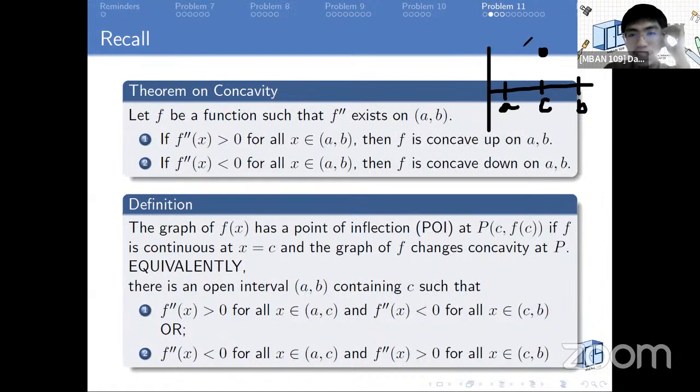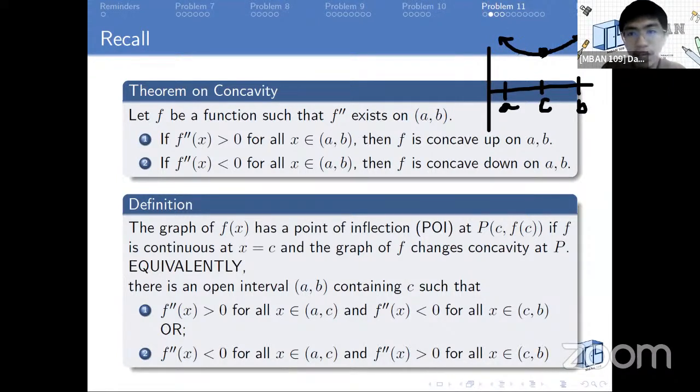So ibig sabihin na it's either from A to C, in the open interval A to C, ganyan yung itsura ng graph mo. Tapos in the open interval CB, ganyan naman yung concavity ng iyong concave.